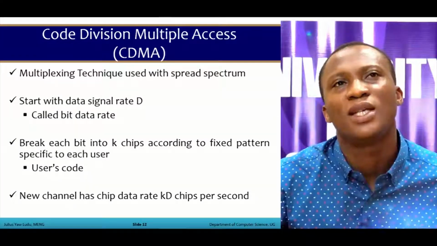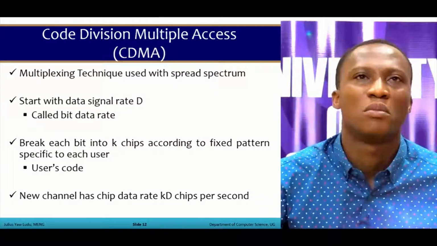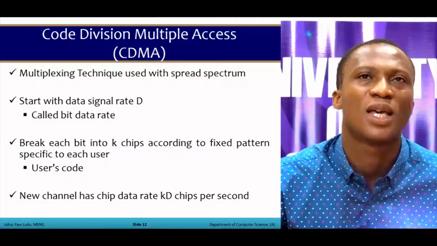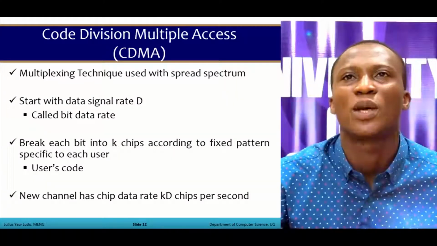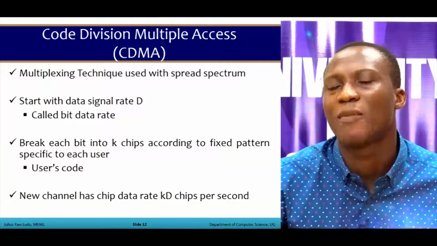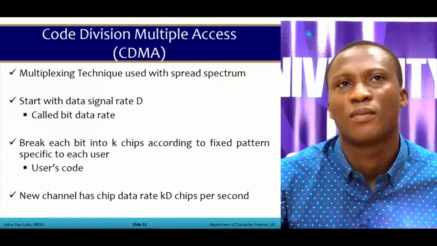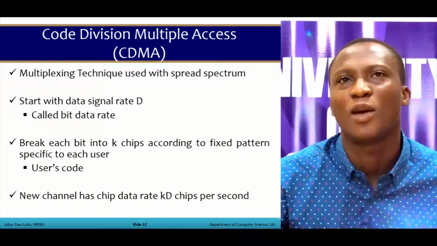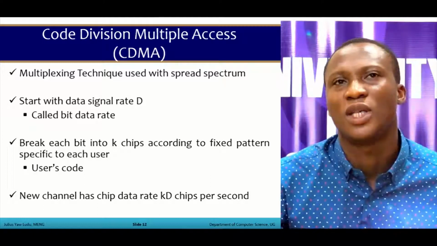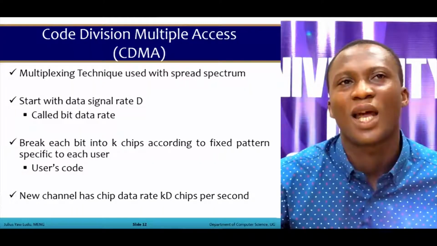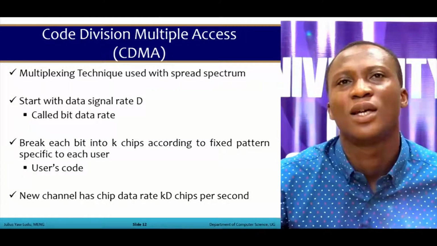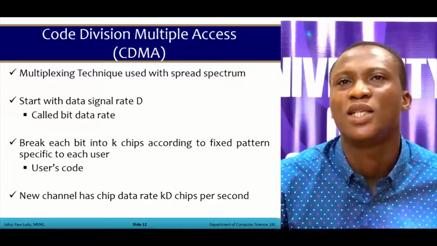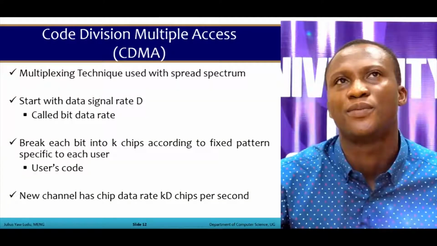We break each bit into a number of chips, say K chips, according to some fixed pattern specified for each user. So each user has a user code based on the K number of chips that was generated. It means that our new channel has K times D chips per second to handle.